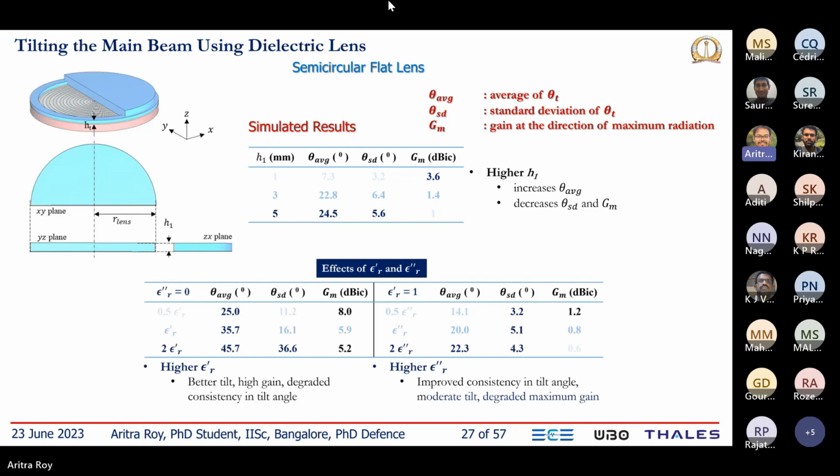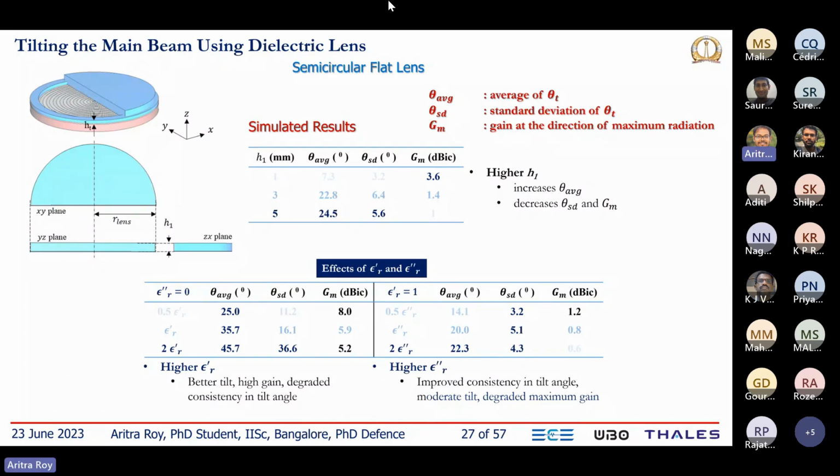So we tried to understand the effect of the real and imaginary parts separately so that we can control these parameters independently. In the left part, we have varied the real part by setting the imaginary part to 0. What we have observed is that by changing the real part, we can significantly increase the average tilt angle, but at the same time, the standard deviation also increases. So it is undesirable.